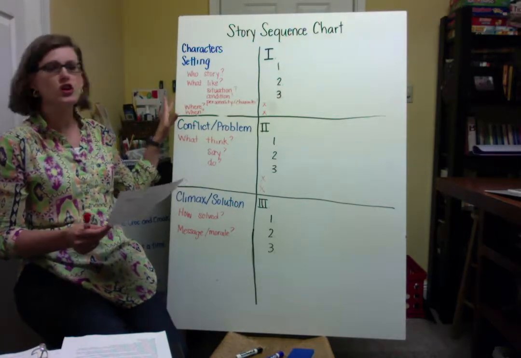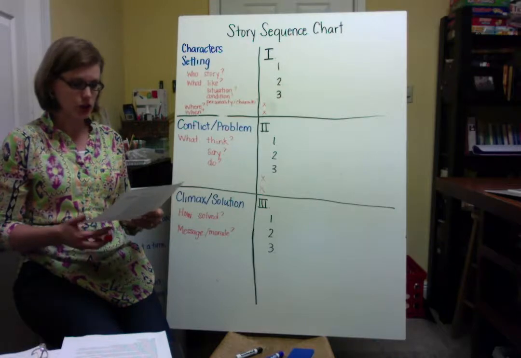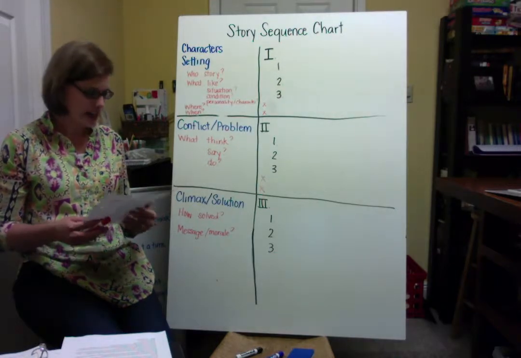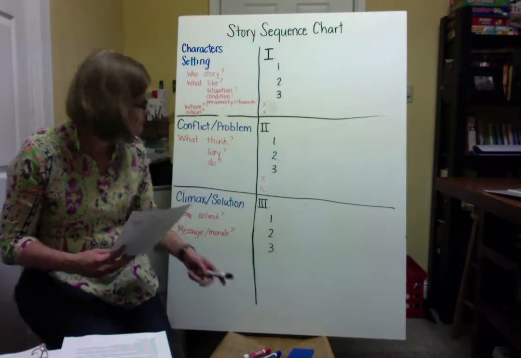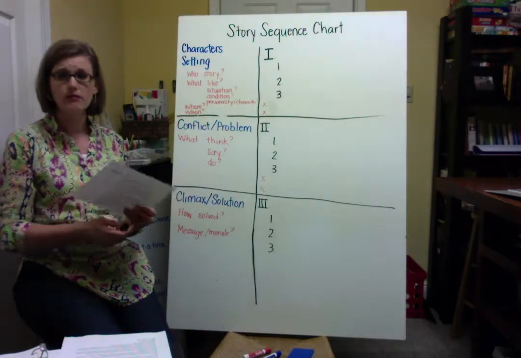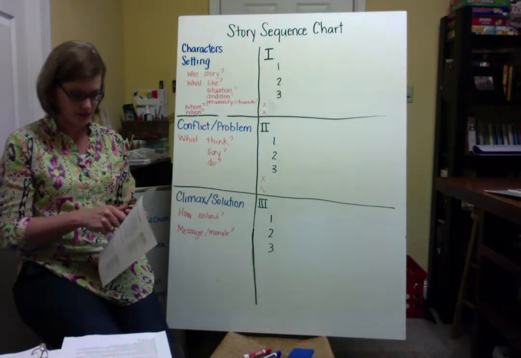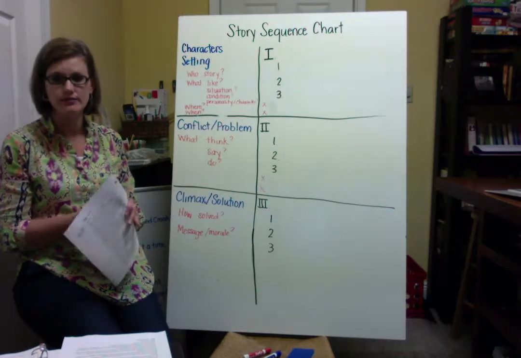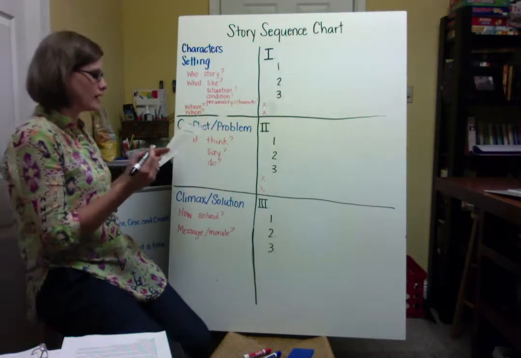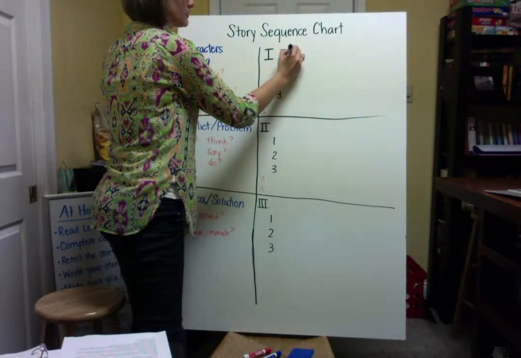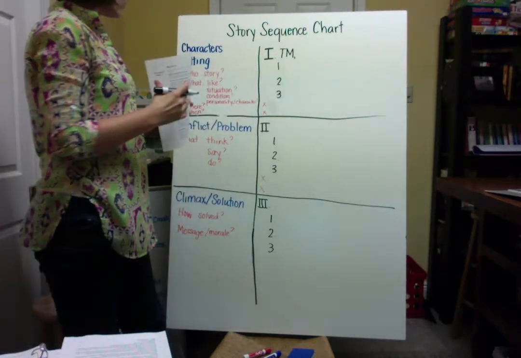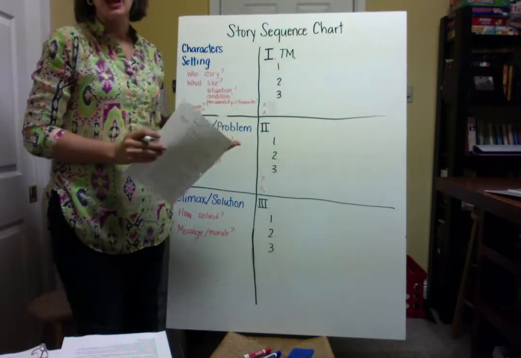So, we will start out with this story looking at our characters and our setting. So who do we have as our character in this story? And we have the town mouse. And what was the town mouse like?